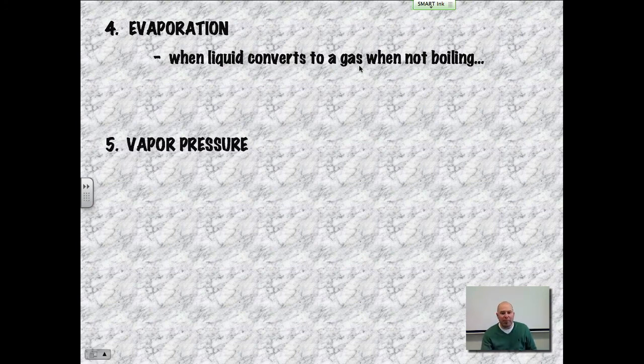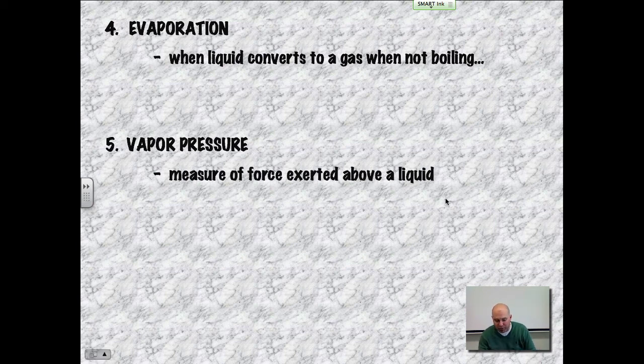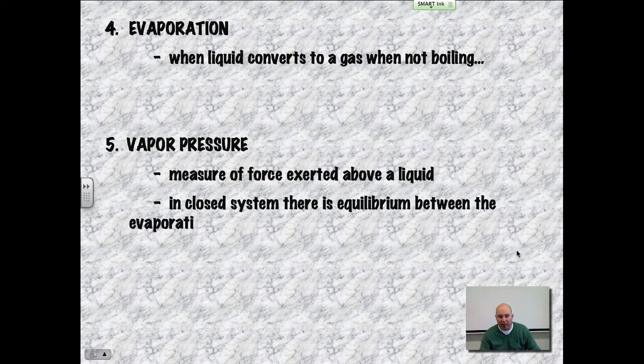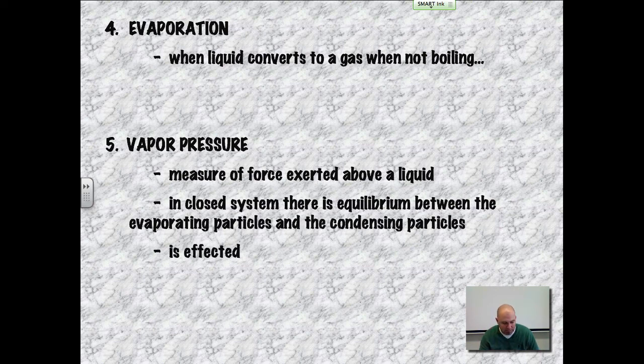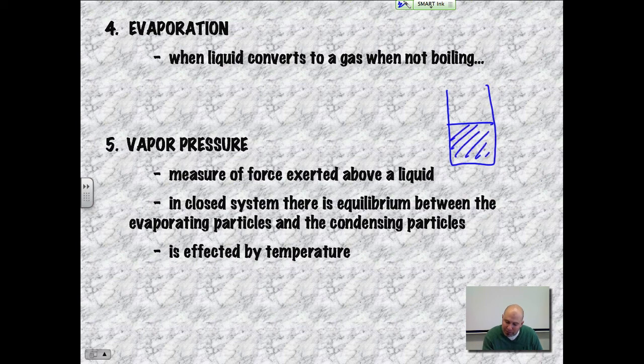And the last thing I want to quickly mention about properties of liquids is vapor pressure. Vapor pressure is a measure of force exerted above a liquid. It kind of goes in with evaporation. In a closed system, if we had a container that had some liquid in it and it was closed, then the vapor pressure is equal to the evaporating and the condensing particles.